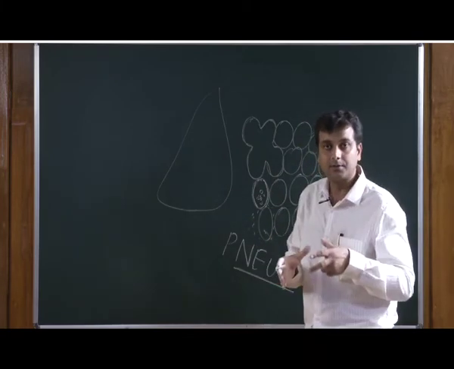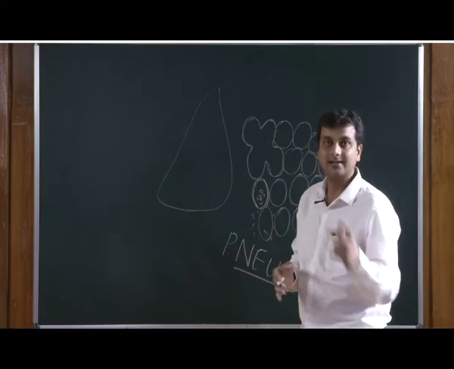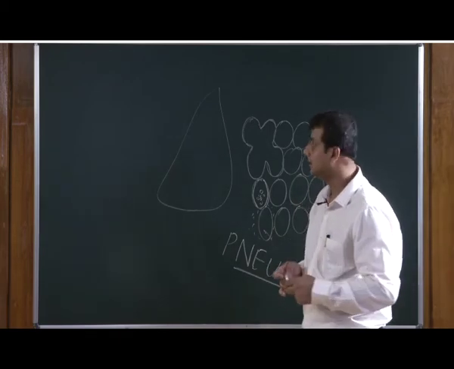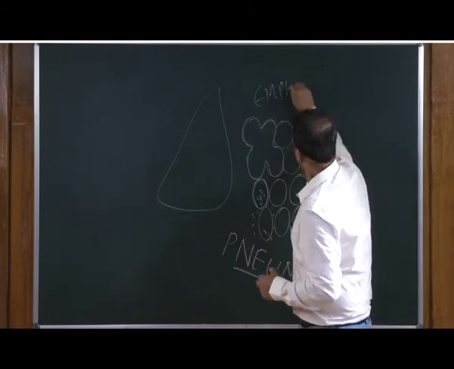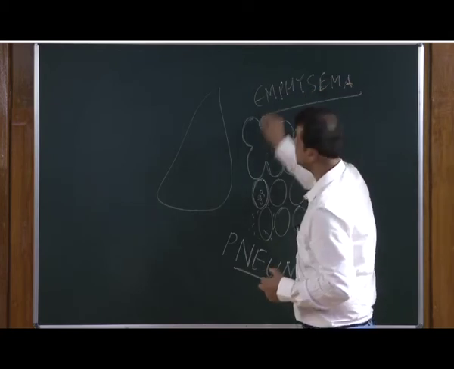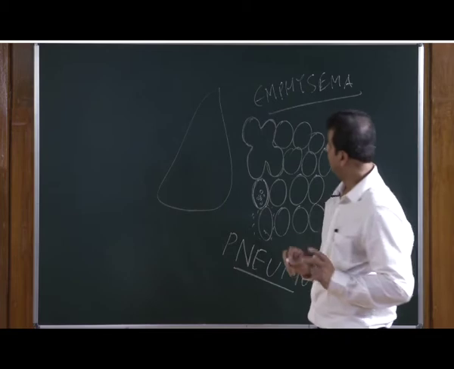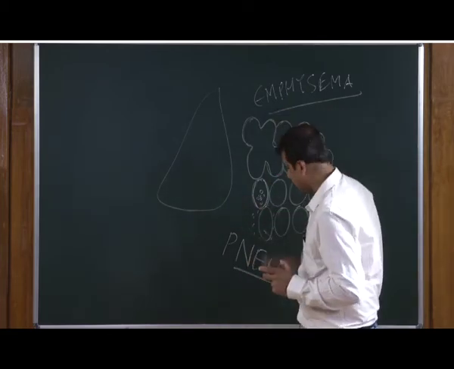And this fusion of the membrane, because of constant irritation coming from the outside cigarette smoke or any other external element, is called emphysema. So, these are conditions which are not good for lung health. Some of the conditions which we need to understand are emphysema and pneumonia.